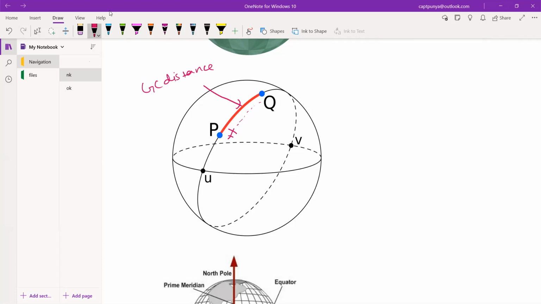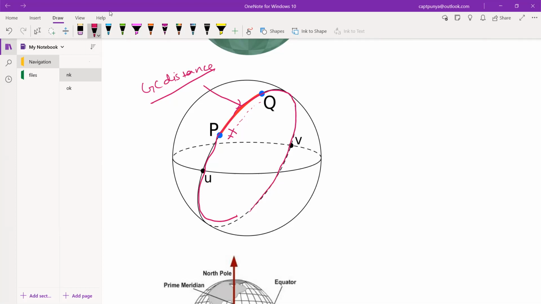See this as a whole, this dotted line is a great circle, and this great circle passes through the 2 points P and Q. This is your great circle, and this is the GC distance between the 2 points P and Q. Another thing I want you to remember is that this great circle is passing through point P and through Q.